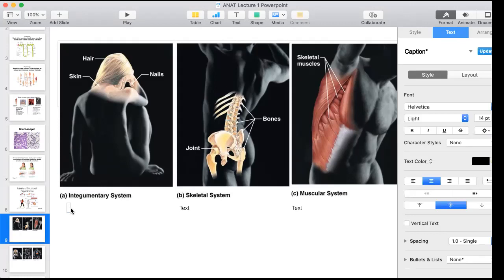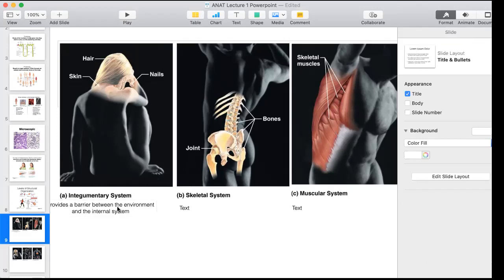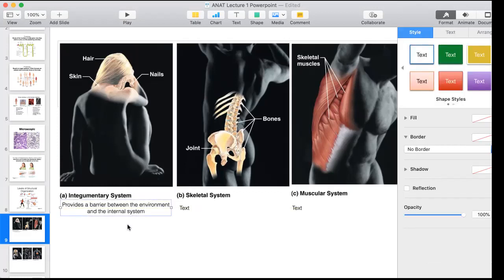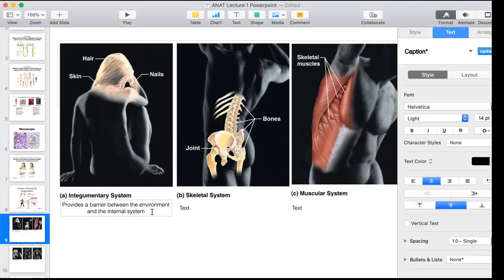So what this does is it provides a barrier between the environment and the internal environment. So fancy way of saying that it protects us from things getting into our body.